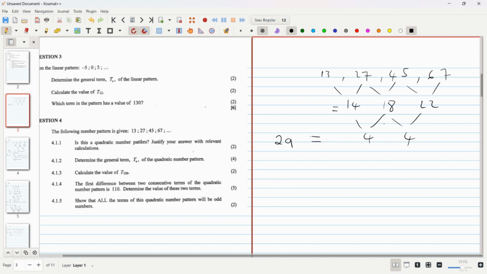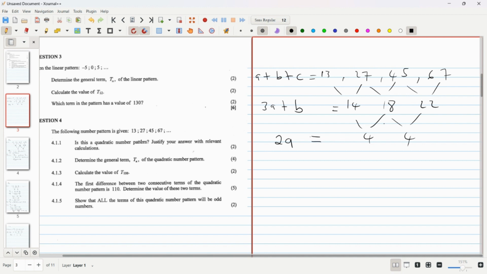The first difference needs to be equated to 3a plus b, and then the first term here has to be equated to a plus b plus c. First difference 3a plus b, and second difference has to be equated to 2a.